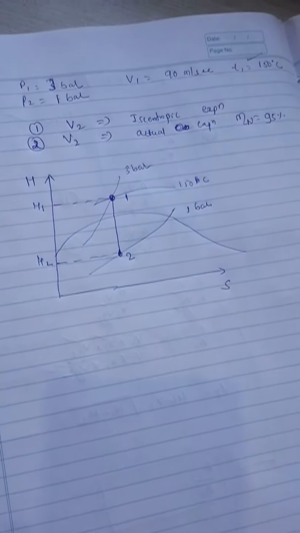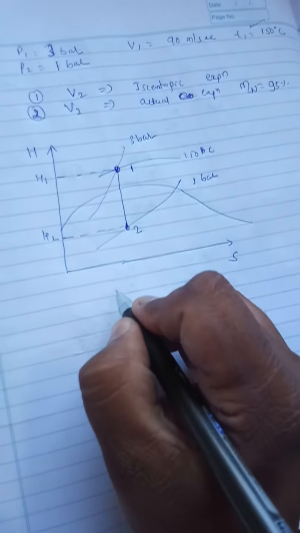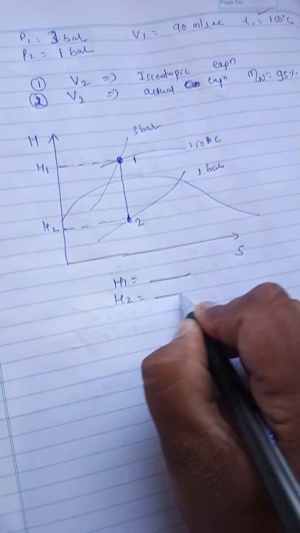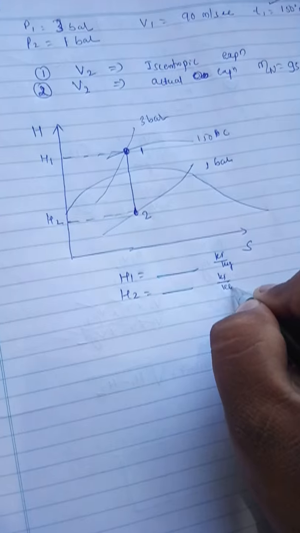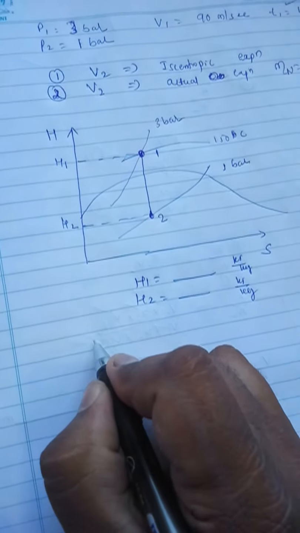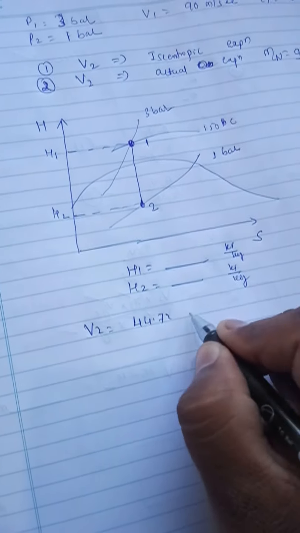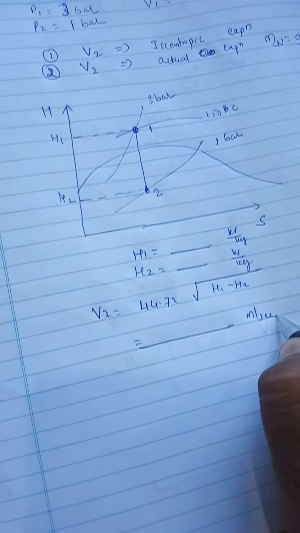Right. So now we know the formula. From this you can note down the H1 value and H2 value in kilojoules per kg. So we know this formula, V2 is equal to 44.72 root of H1 minus H2. So you will get the value directly in meters per second.